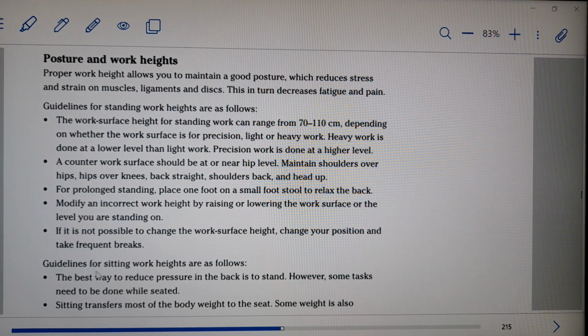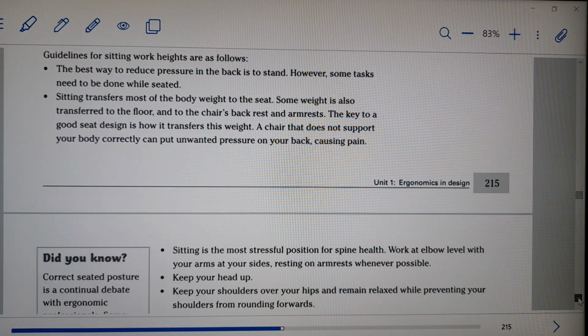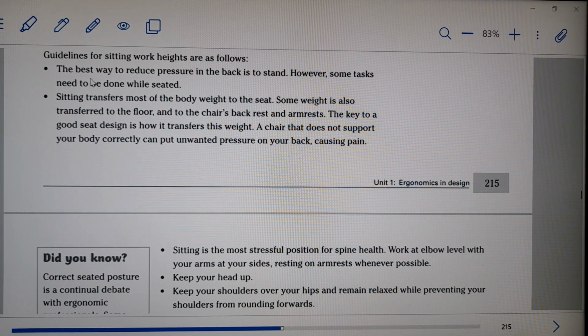And then we have guidelines for sitting work heights. This is for sitting work heights; the one at the top was for standing work heights. The best way to reduce pressure in the back is to stand. However, some tasks need to be done while seated.